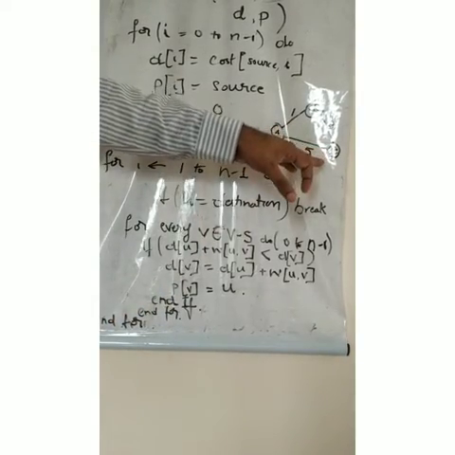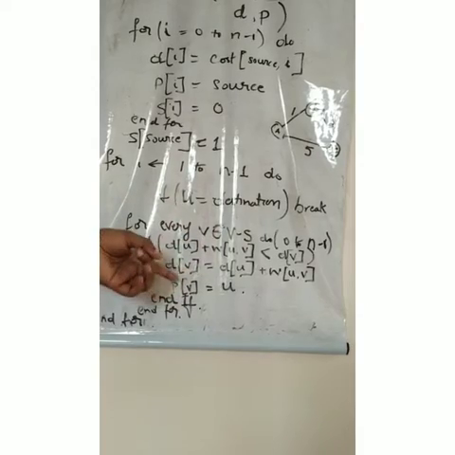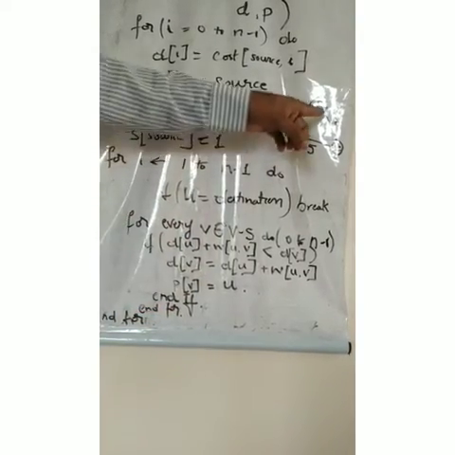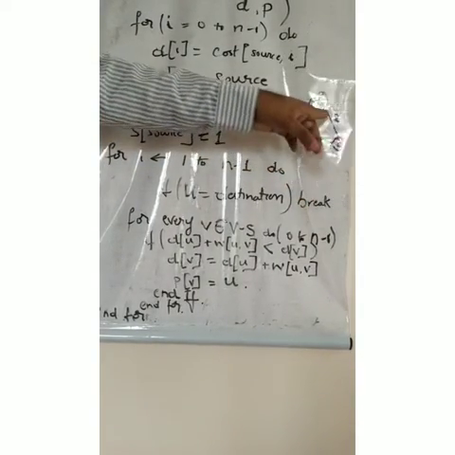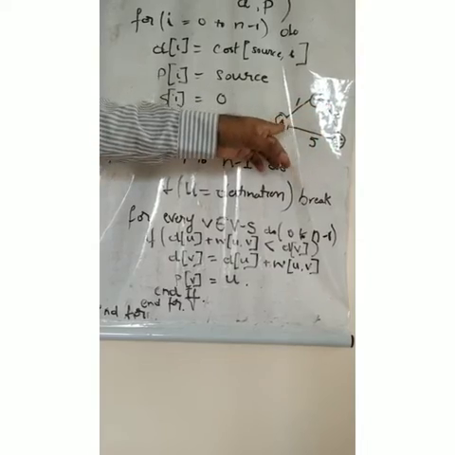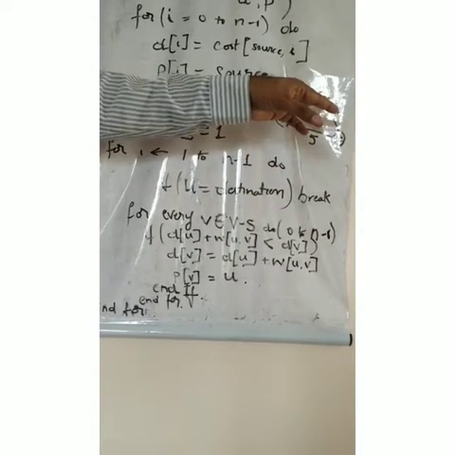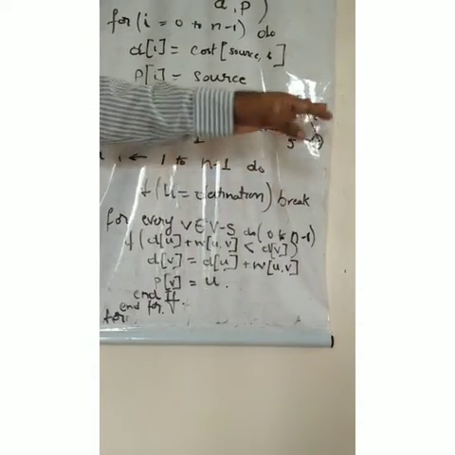Admit C. C is the shortest path now, so P of v, the path, is through u. Now to reach C you have to go through B. Initially it was A, but now the new path is B. The shortest distance from A to C is through B.